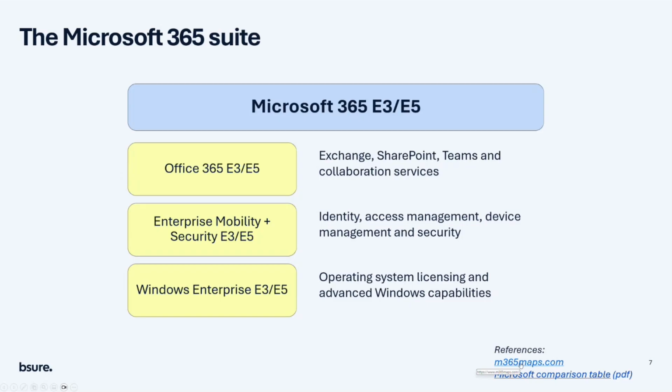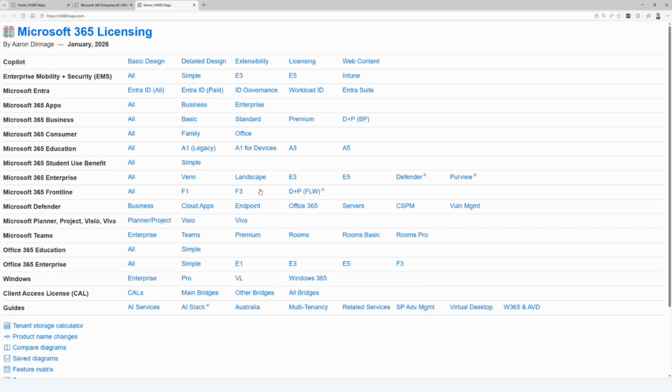So let's spend a minute to take a look at what that looks like. This is a free tool by someone called Aaron Dinich. He actually works at Microsoft, but this is not regarded as official Microsoft information, but it's frequently updated and a lot used by the community.